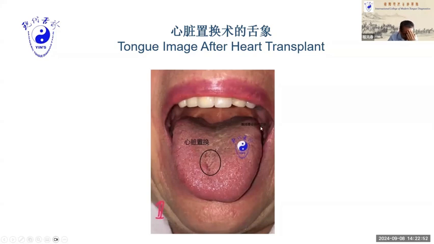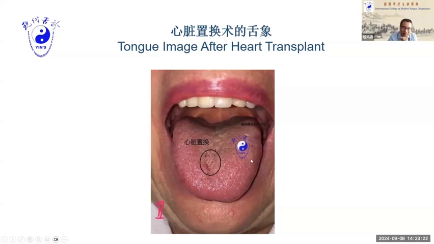A few years ago, at least 10 years or even more than maybe 15 years ago, I can't remember exactly the time, a German doctor sent me this tongue picture and asked me, Dr. Yin, can you tell me what problem the patient has and how to treat it?